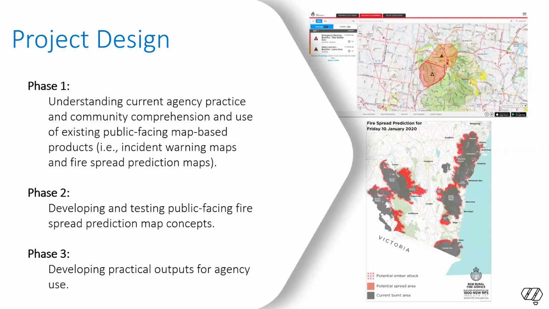It's the implementation. We're not doing the research, writing a report that sits on somebody's desk, and then the project is finished. Phase 3 is about working with our steering committee to identify and develop practical outputs that can translate this research into agency practice and policy.